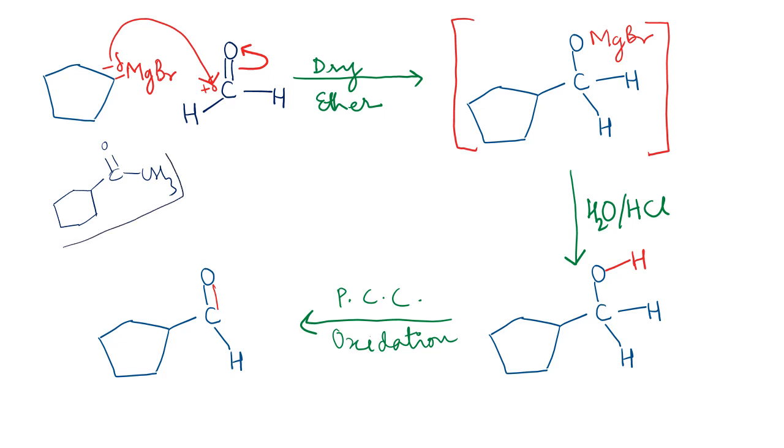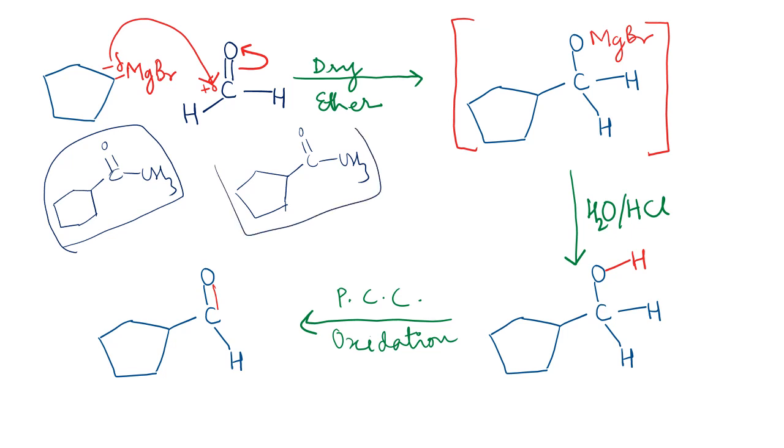Try your hand on this particular compound and take one more. What you can do is use this particular compound where it is again a ketone. So try to solve these two examples by using the same strategy. Do the retro first and then complete the synthesis.